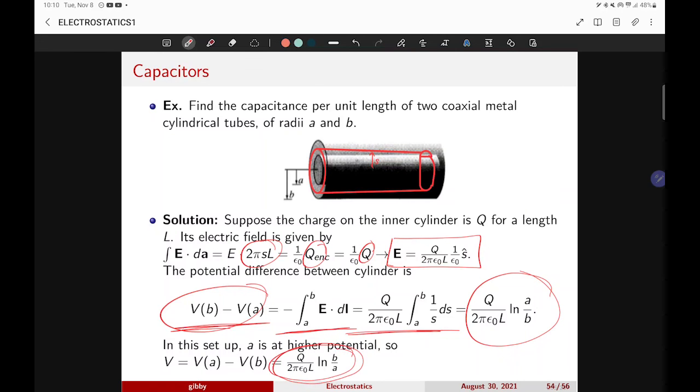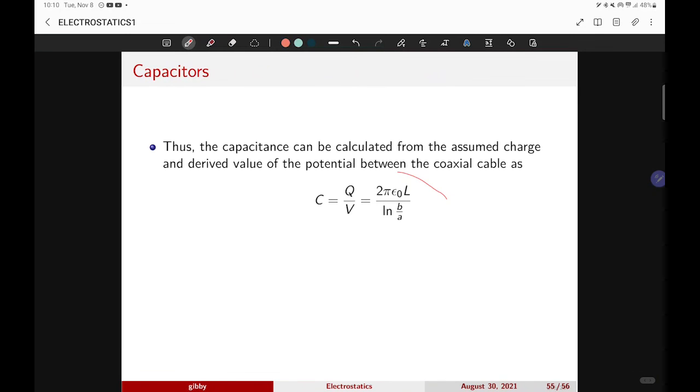That's your potential. So to find the capacitance, that's Q over V. So your potential is Q over 2 pi epsilon naught L ln of B over A. So cancel the Q, you are just left with this.